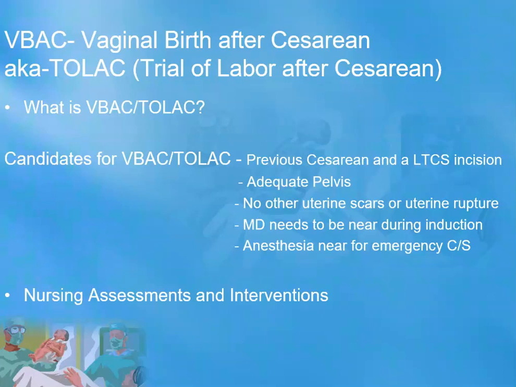And also, if it's truly not going to happen, this baby may not tolerate the labor, then of course, intervention-wise, we'd have to think about getting the doctor to monitor the patient with you and see that maybe this is not a good thing, that maybe we do need to just go ahead and do a C-section.